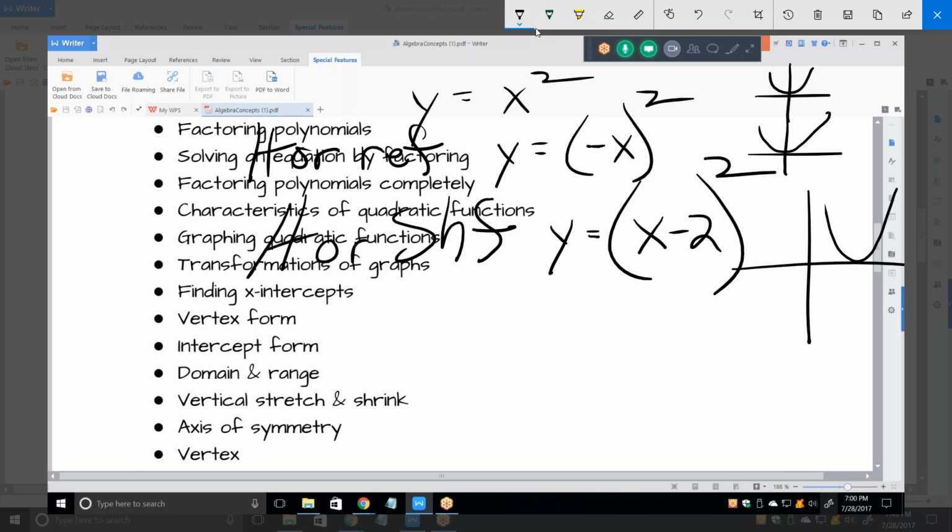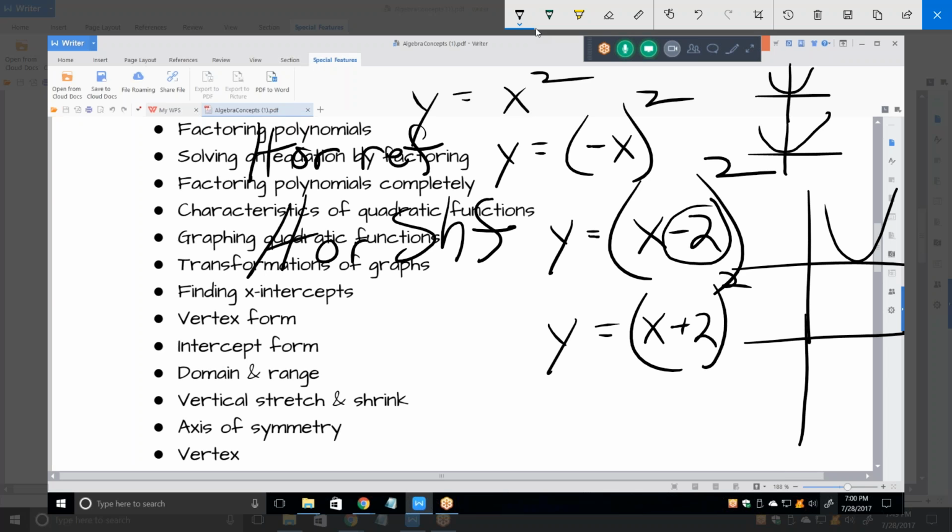Shifts do not change the shape, whether they're vertical or horizontal. They just move the function. Now, notice that it moves to the right even though it's x minus 2. In other words, the fact that that's minus means it moves to the right. If it was y equals x plus 2 squared, that would move it to the left. Then it would look like that.